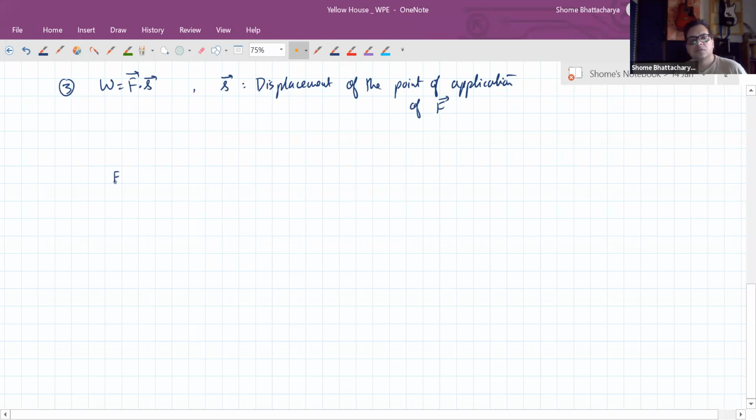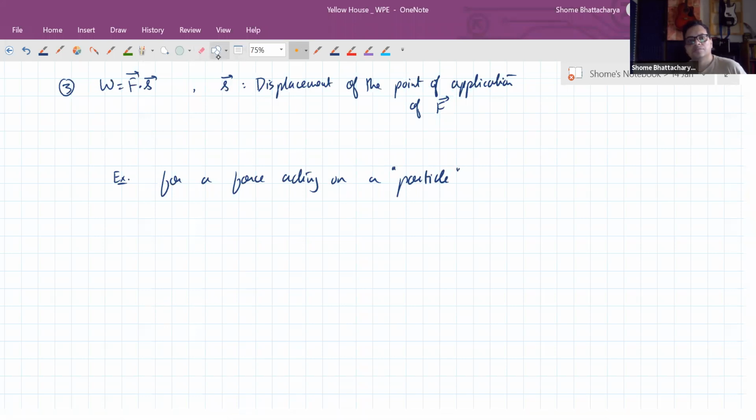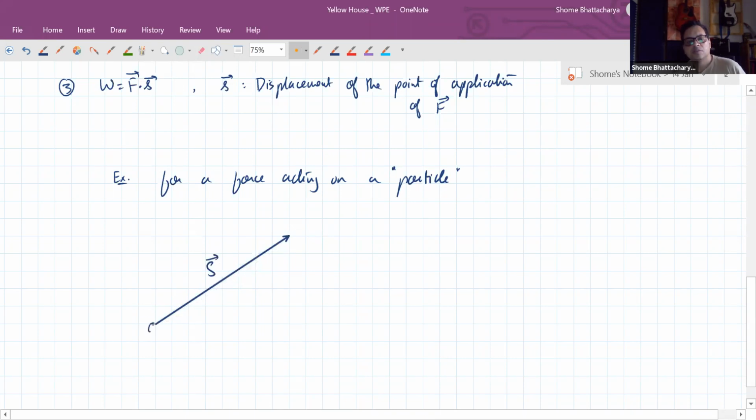So for example, for a force acting on a particle, let's talk about that. Suppose a particle displaces from here to here. This is the displacement of a particle on which a particular force is acting.